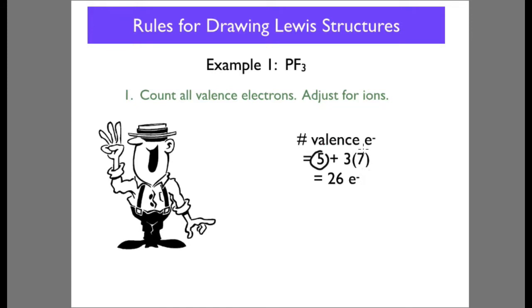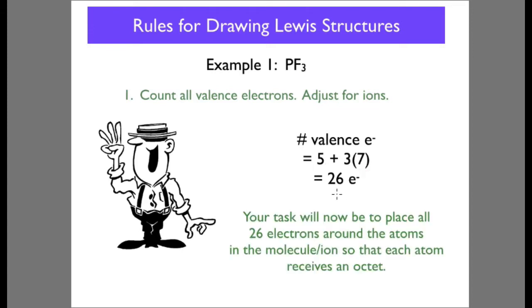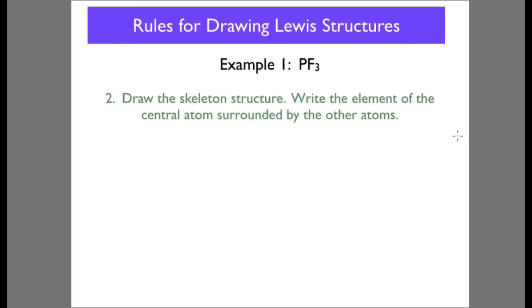The number of valence electrons in fluorine is 7. There's 3 of them. So add together, 26 electrons. Your task will now be to place all 26 electrons around the atoms in the molecule or ion so that each atom receives an octet.